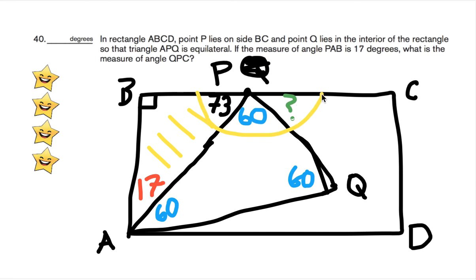The way I like to think about it is if you can draw a half dome over any number of angles and they're all sharing a common vertex, it's like they're all sleeping under that tent. So they have to all add to 180 degrees. So then the green angle, you would add 73 and 60, you get 133. And you can subtract that from 180. And that gets you 47 degrees.